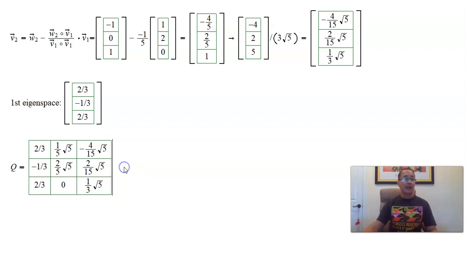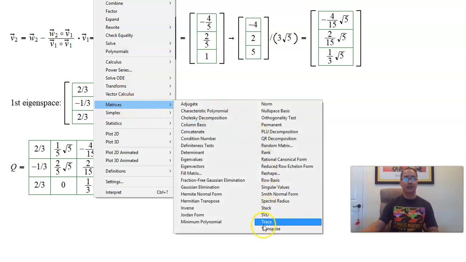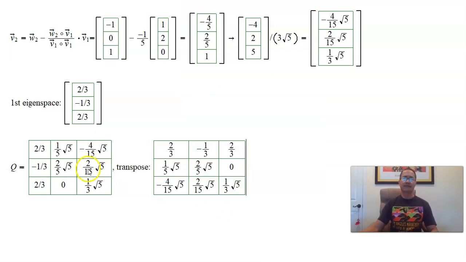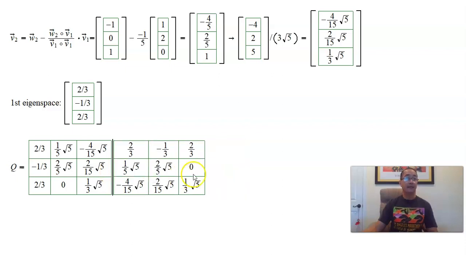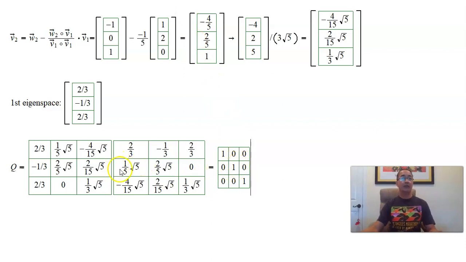While we're at it, let's check orthogonality. Is this really an orthogonal matrix? Compute the matrix's transpose. Is the product equal to the identity? Yep. So it is orthogonal.